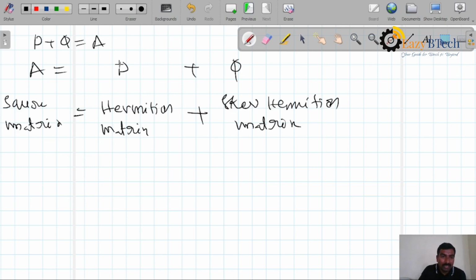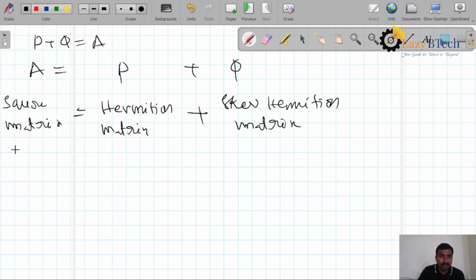Here, unitary: in the symmetric matrices we already proved how to prove it, so you can practice in a similar manner. This expression is unique.